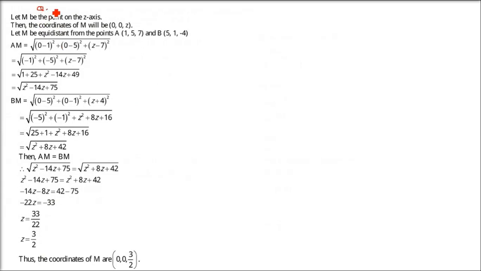Now this is question number 5. Determine the point on the z axis which is equidistant from the points (1, 5, 7) and (5, 1, -4). First, a point on the z axis: we are not talking about a plane, we are talking about an axis.